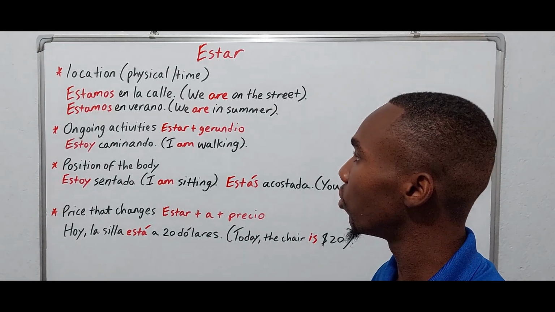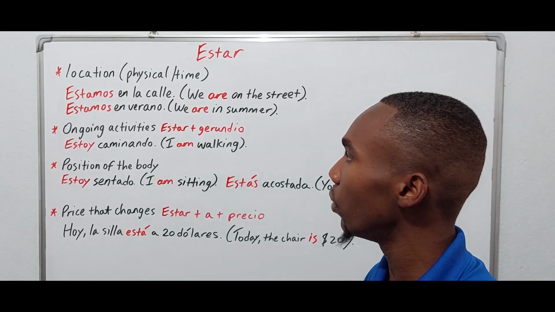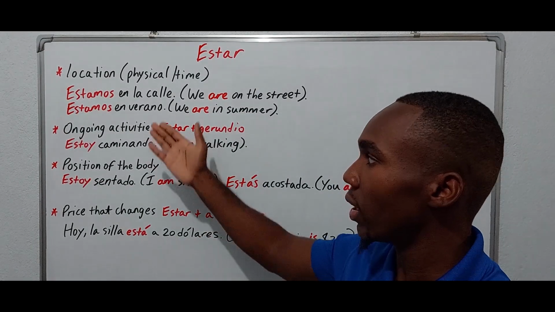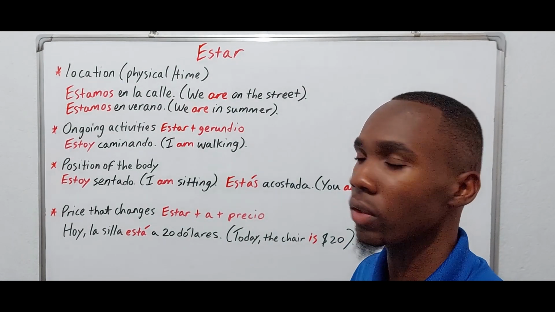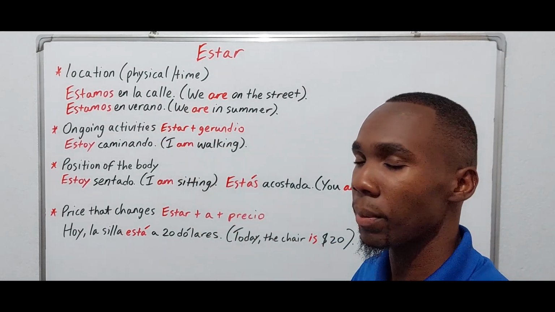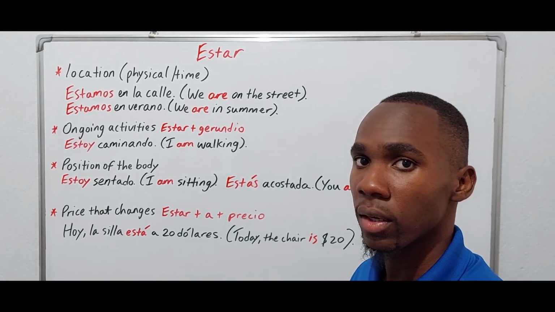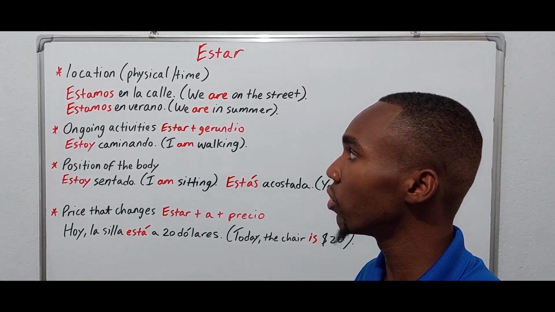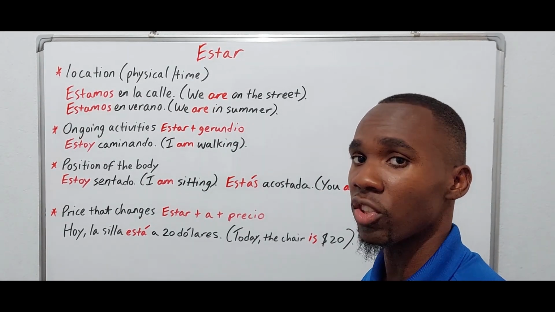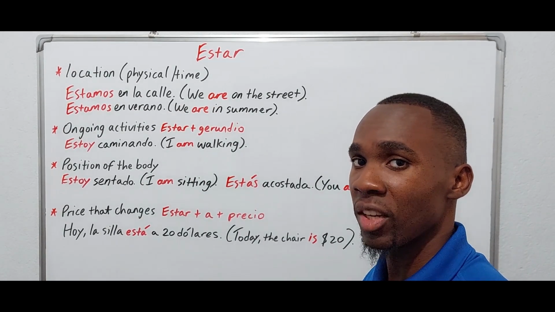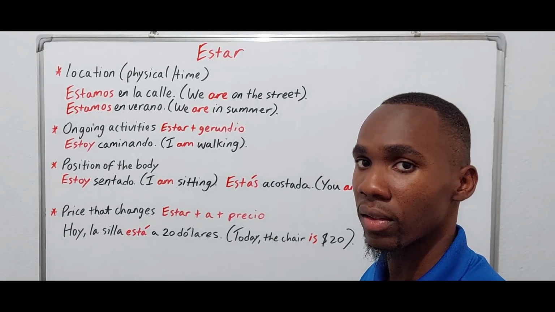We are on the street, okay? Estamos en verano. We are in summer. So again, la calle would represent the physical location, whereas verano would represent the time, right? The time period. All right. So if you want to talk about location, I want to mention the physical location or the time period, we use estar. Okay.